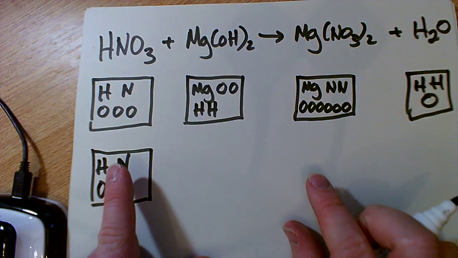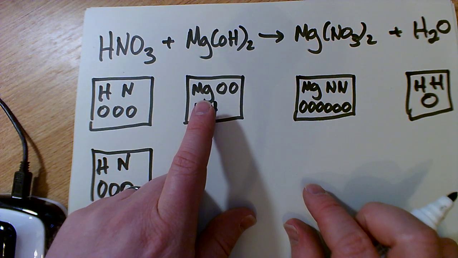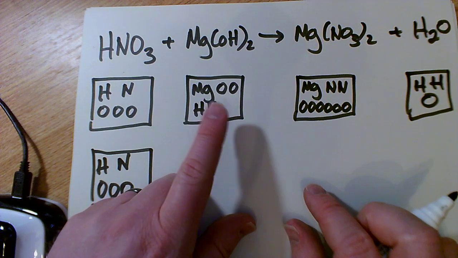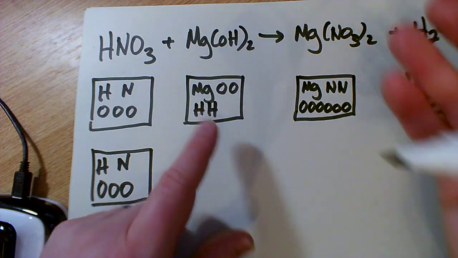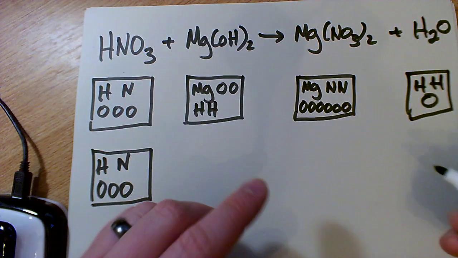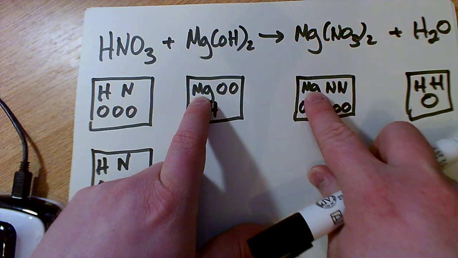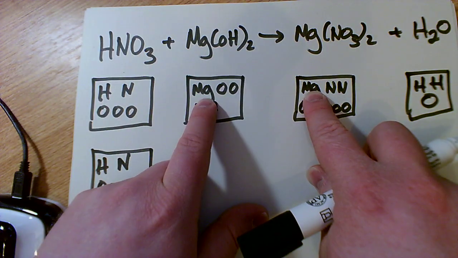Okay. Now the trick is always do the hydrogens and the oxygens last. That's the trick in these ones. So you want to go for the other elements and then you want to do your hydrogen and oxygen last. So magnesium here, there's 1 magnesium and there's 1 magnesium. Okay, fine.